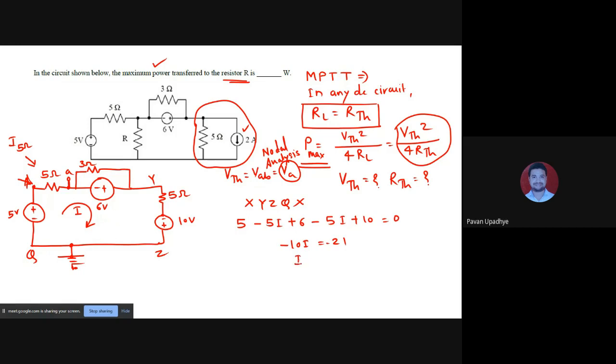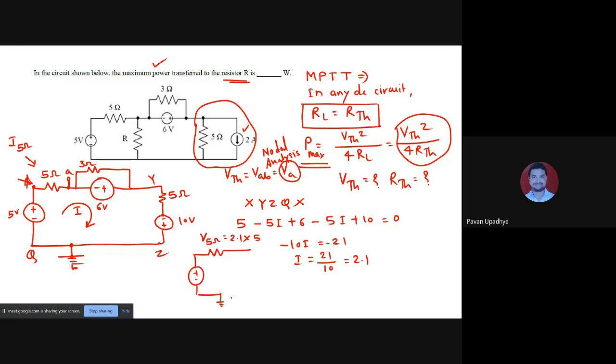So I is equal to simply 21 by 10, is equal to 2.1. And as I said, the voltage across the 5 ohm is to be found out. Now the voltage across the 5 ohm, V5 ohm, will be I, that is 2.1 into 5, plus this 5 volt voltage, and your problem is solved.